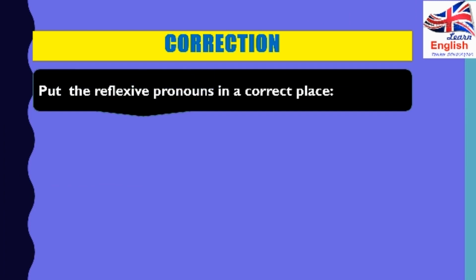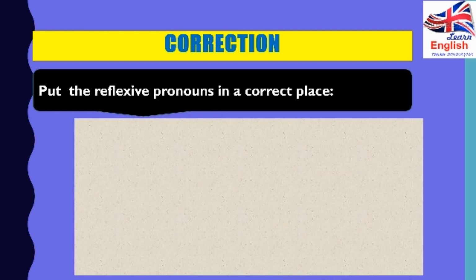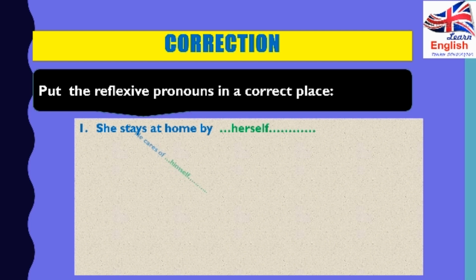So, correction for 1, we have she stays at home by herself. Very clear. Why? Because we have subject she.